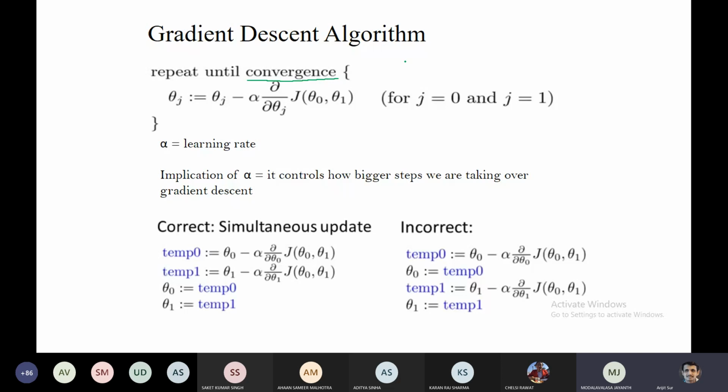What we're going to do is see how θ actually changes. θ_j is updated as θ_j minus, I'll come to how we actually get this, a parameter α times the derivative ∂/∂θ_j of J(θ0, θ1).